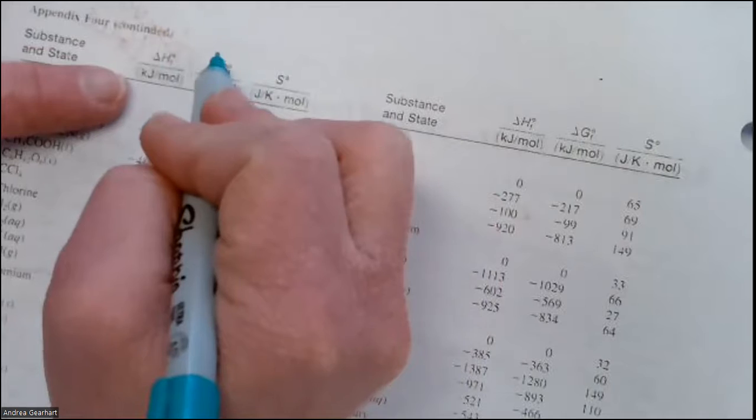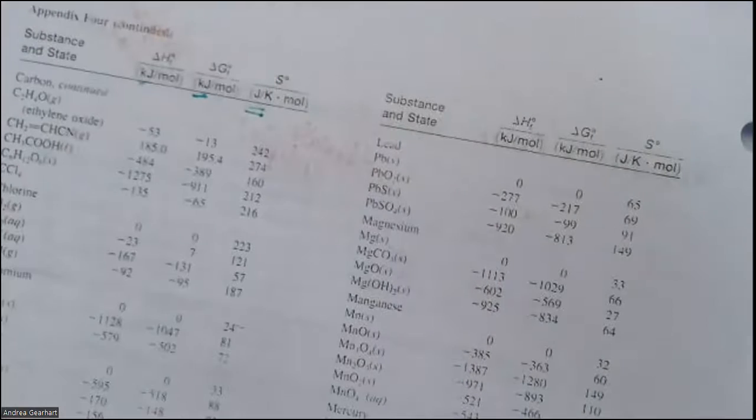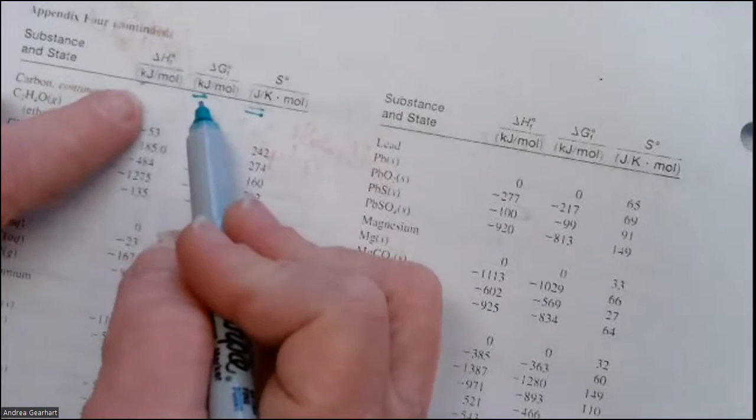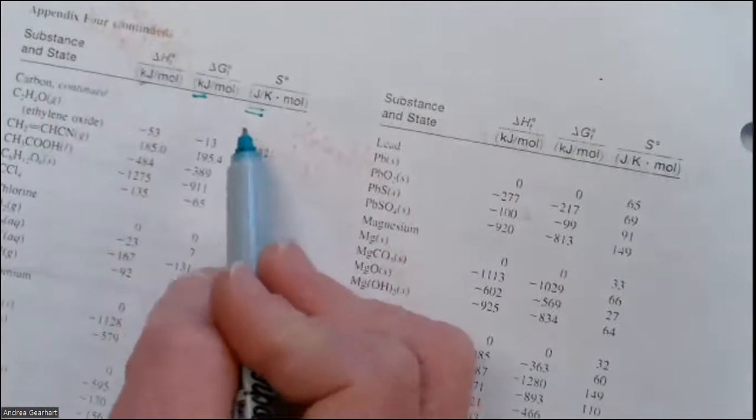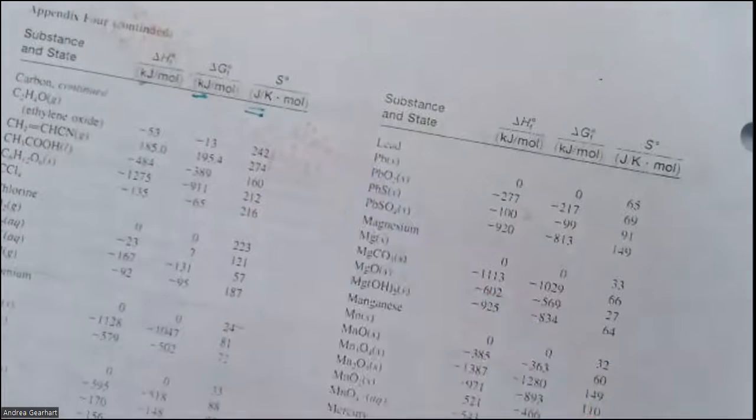But enthalpy of formation and Gibbs free energy of formation are in kilojoules. So we need to be careful if we're ever using these values together, which of course we will. Usually, because of just the numbers we'll be given, kilojoules are preferred. And so often we'll just have to convert our entropy values to kilojoules.